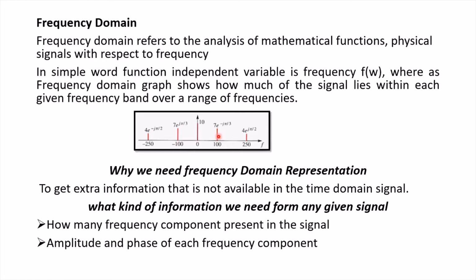Why do we need frequency domain representation? The answer is very simple: to get extra information that is not available in the time domain signal. What kind of information? That is basically how many frequency components are present in the signal, and what the amplitude and phase of each frequency component are. This is information we want to know about our signal that is not available in the time domain graphical representation.